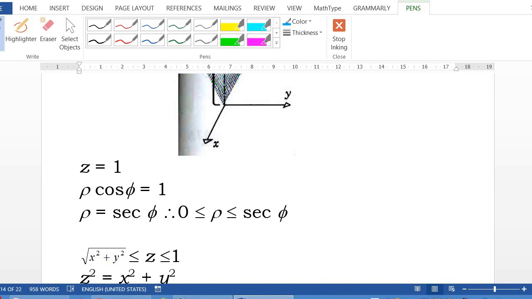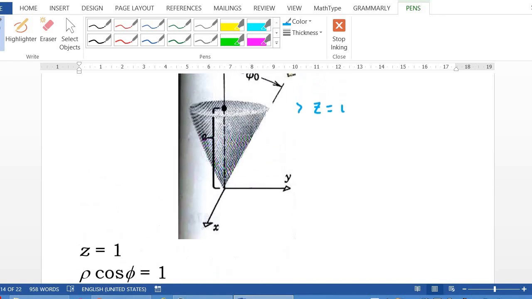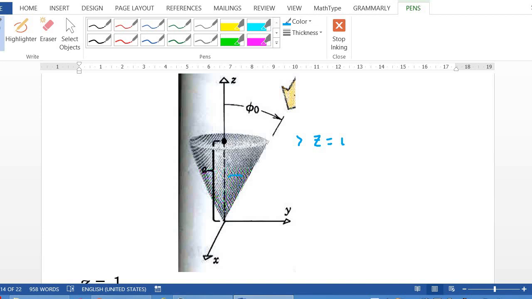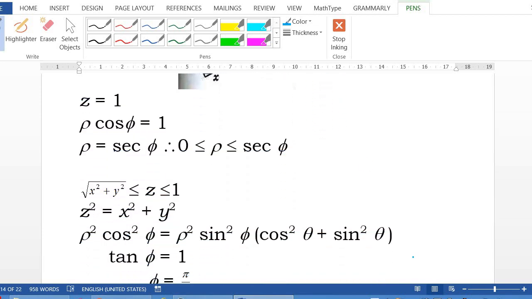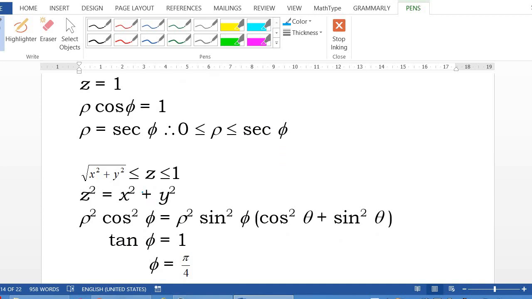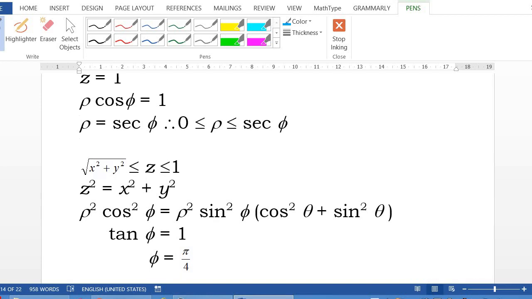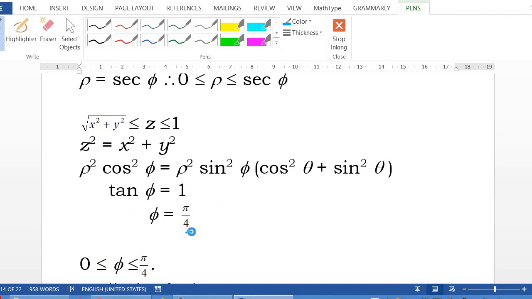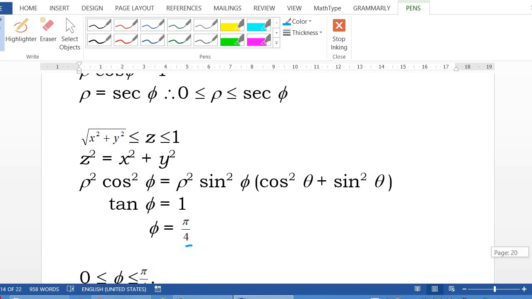To get phi, you solve the cone equation as in the previous ice cream example. The cone with the upper surface a sphere, solving the same cone equation, you get phi is pi over 4. That's why phi is from 0 to pi over 4.